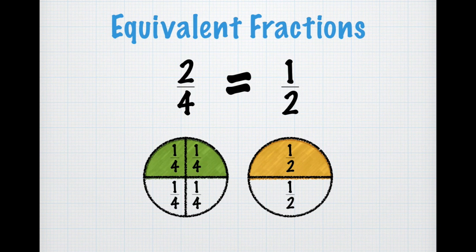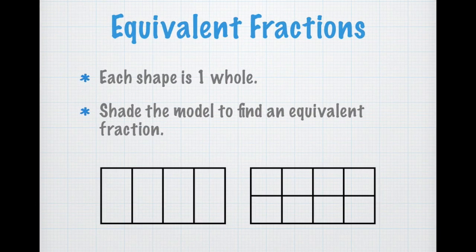Let's try another one. Remember, each shape is one whole. So on the left, I'm going to shade 2/4. So I shade 2 of the 4 pieces. On the right, I want to shade the same number of pieces to make an equivalent fraction.